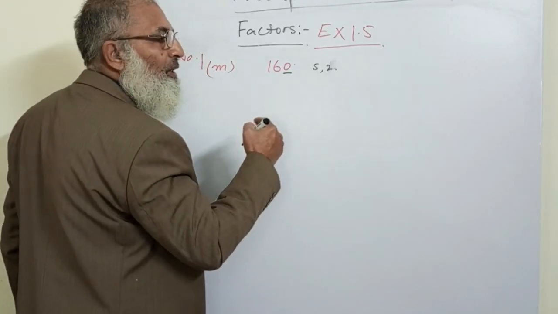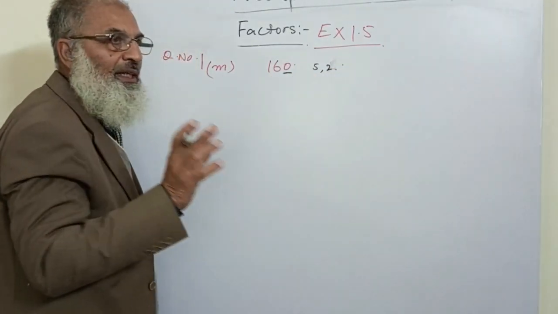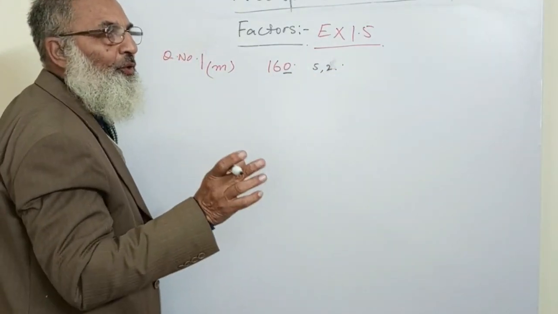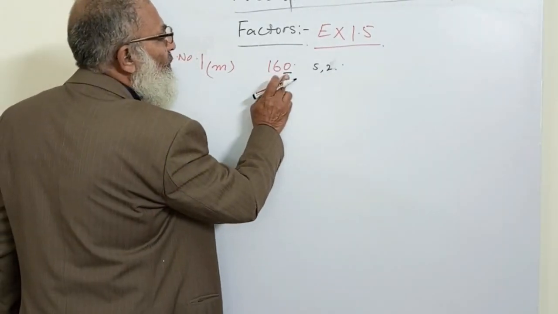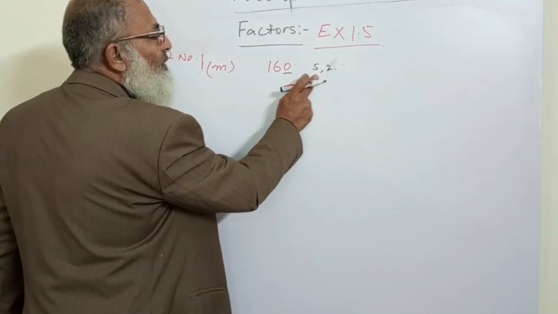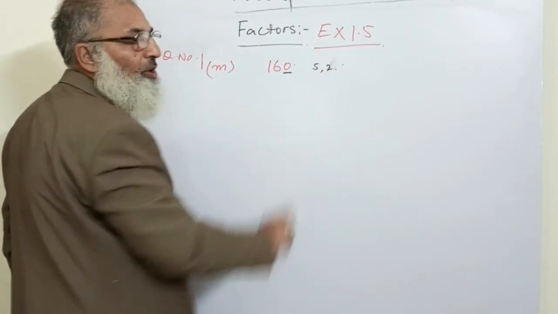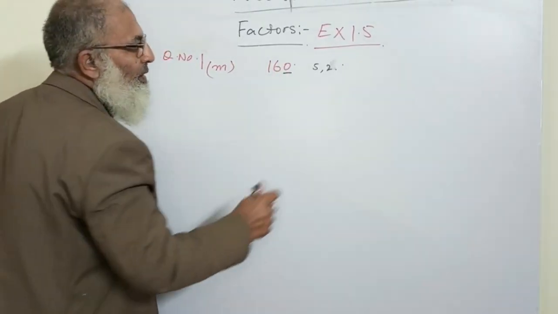Sometimes it is also divisible by 4, just this number is. But the test of divisibility for 4 is separate. So I can say that if you find 0 at the end, the number is divisible by 5, and the number is also divisible by 2. Same is the case over here.